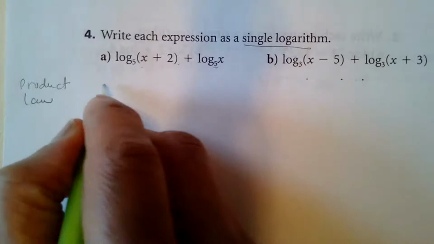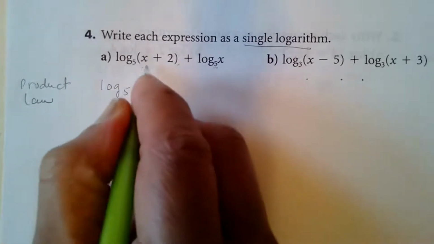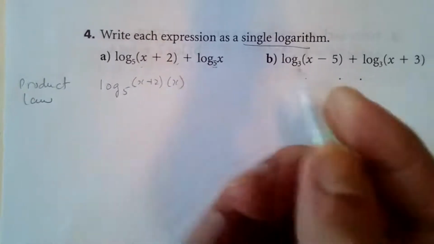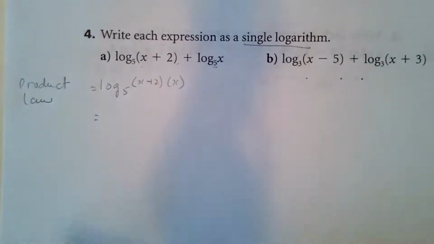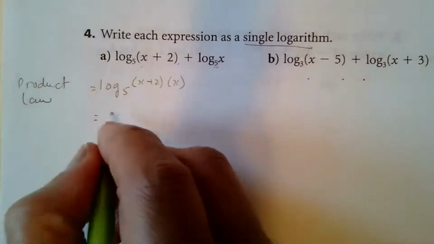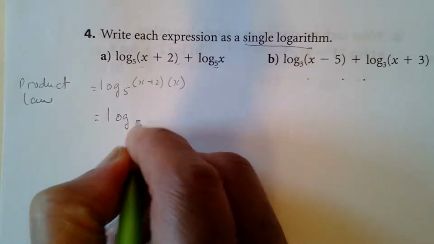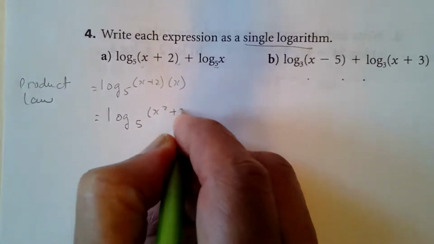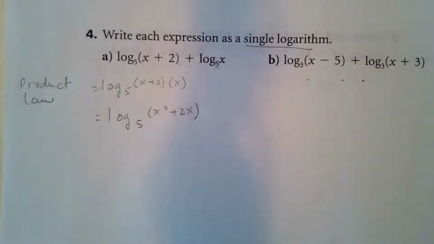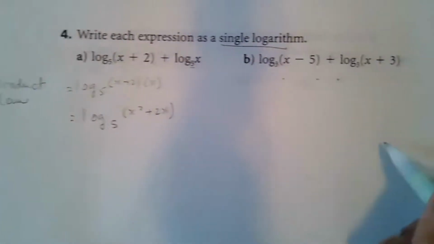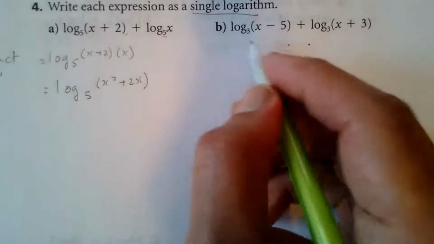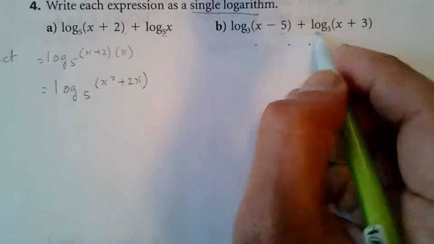This will give us log 5, and now we will multiply these two: x plus 2 times x. So this should become log 5 into x squared plus 2x. Okay. So the next one here, clearly we can use the product law again.